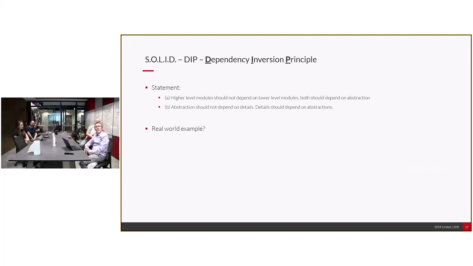What's a real world example here? I'm going to give an example, but if you have another one, shoot, you get a chocolate anyway. So, the credit card abstraction.